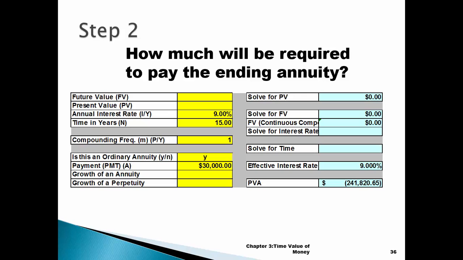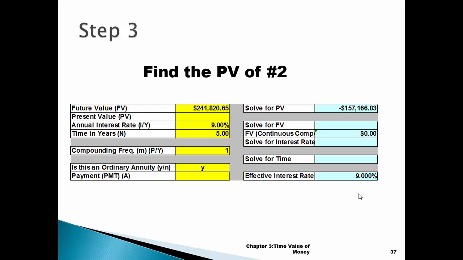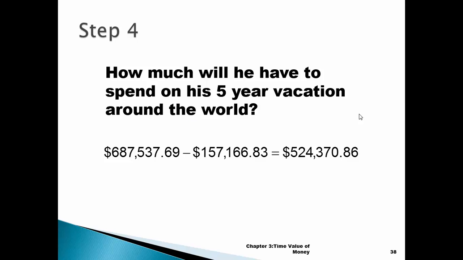So the present value of that is going to cost $241,820. That is what the retirement income is going to cost. So we need to find the present value of that $241,000 in 5 years. When you solve for that, again, at 9%, it is $157,166.